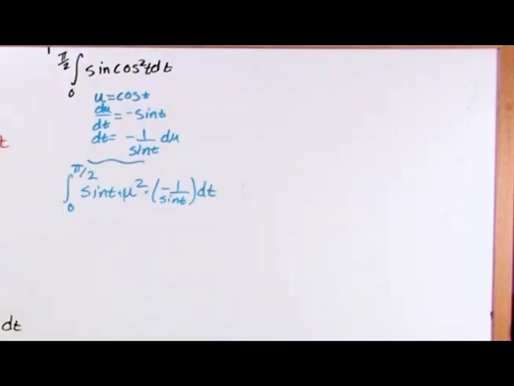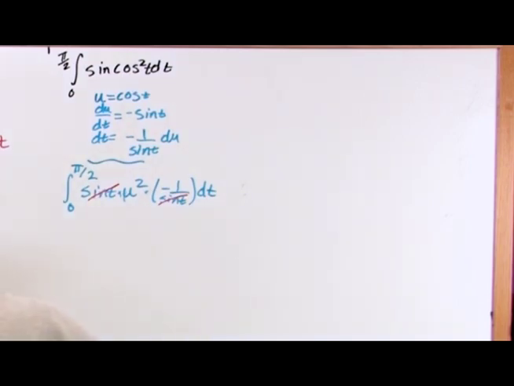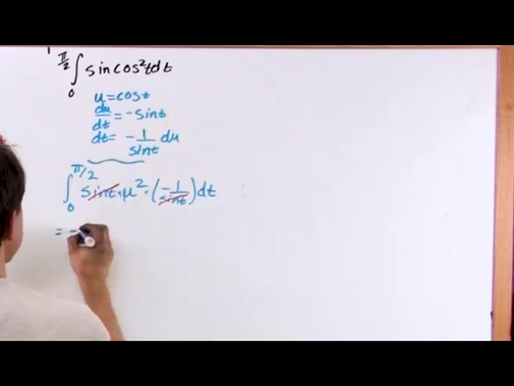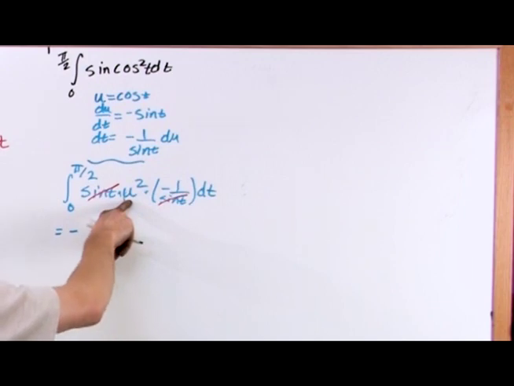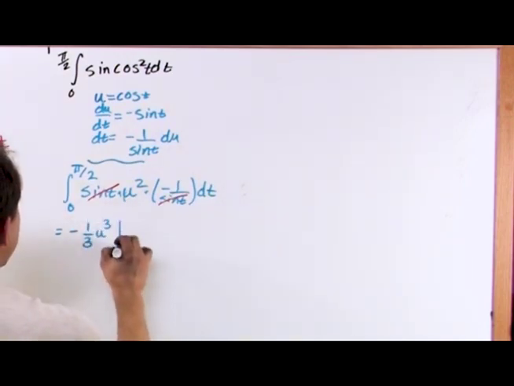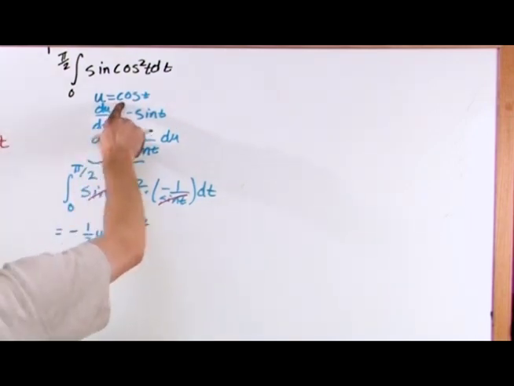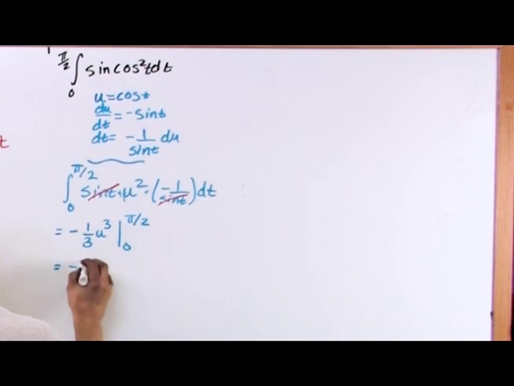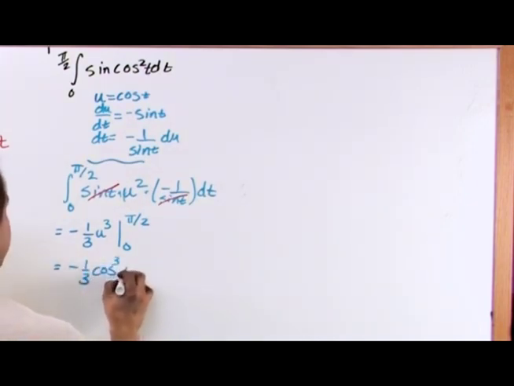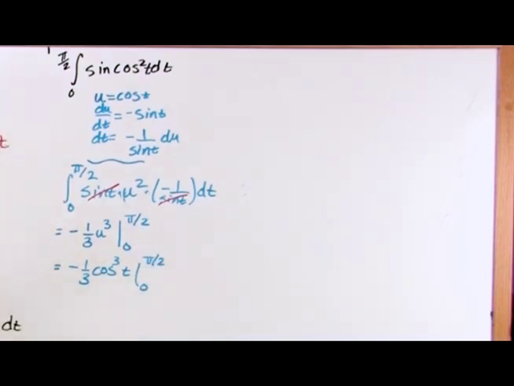And obviously we did that because we wanted these signs to cancel away. So we're going to have a negative coming out. What's the integral of u squared? It's 1/3 u to the third evaluated from 0 to pi over 2. But we know that u is equal to cosine, so it's negative 1/3 cosine cubed of t, from 0 to pi over 2.